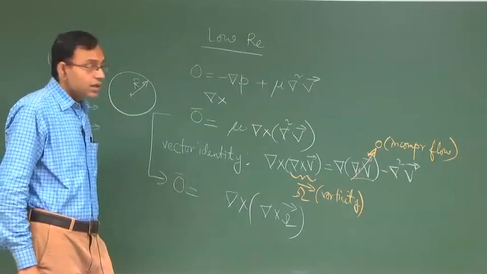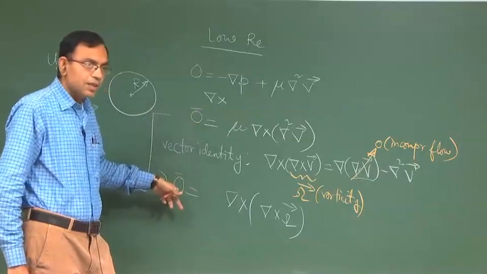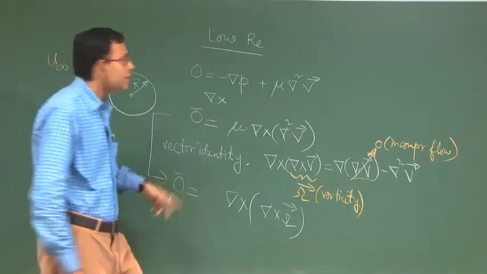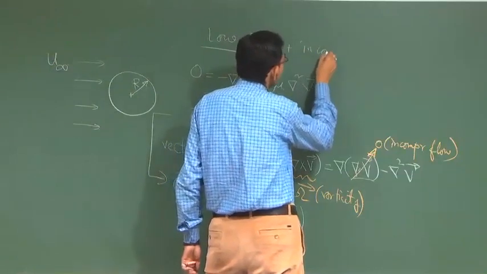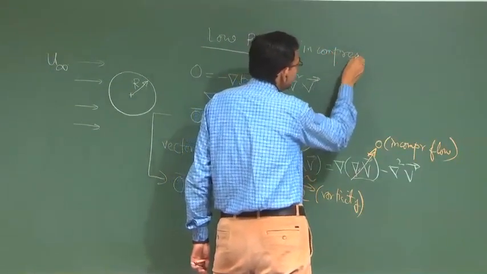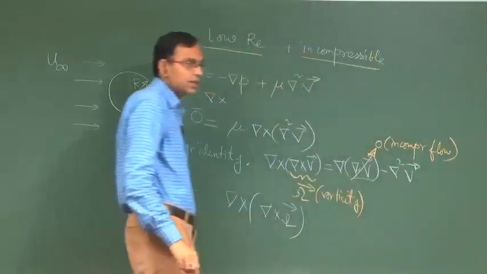So what is the major assumption from this step to this step? It is incompressible flow, right. So low Reynolds number plus incompressible flow plus Newtonian, and all those things I am not writing because Navier-Stokes itself implies that you are considering Newtonian.